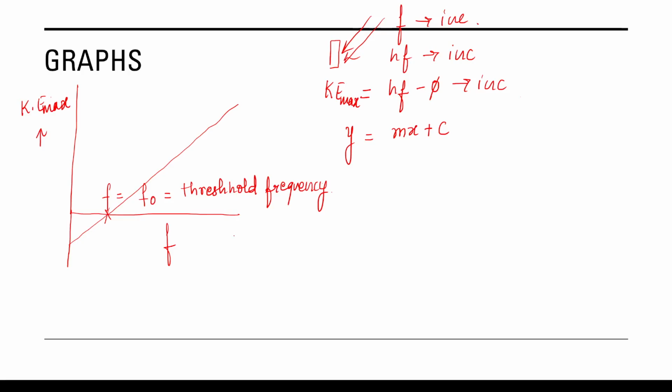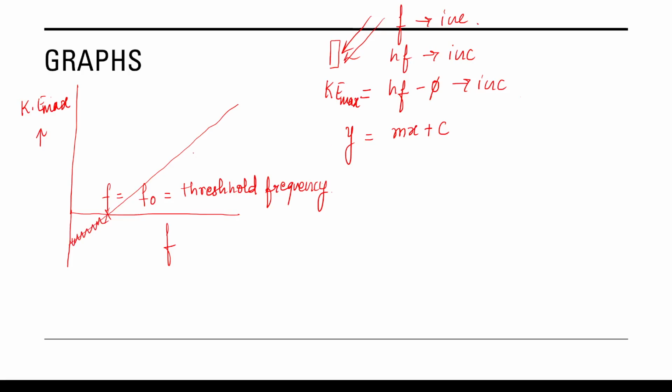So all of the energy is used up for breaking the bonds. Okay, and obviously there's no such thing as negative kinetic energy, so we're going to get rid of this and just use that to explain that this would be a negative intercept.